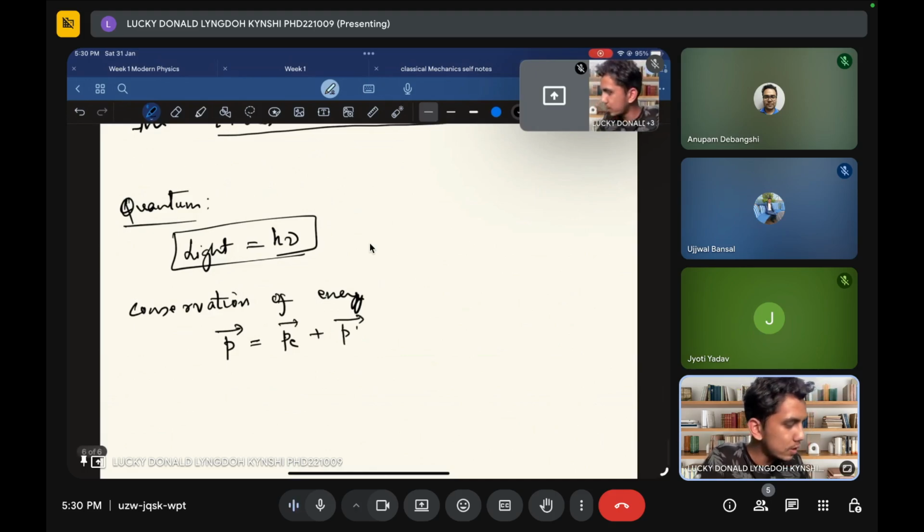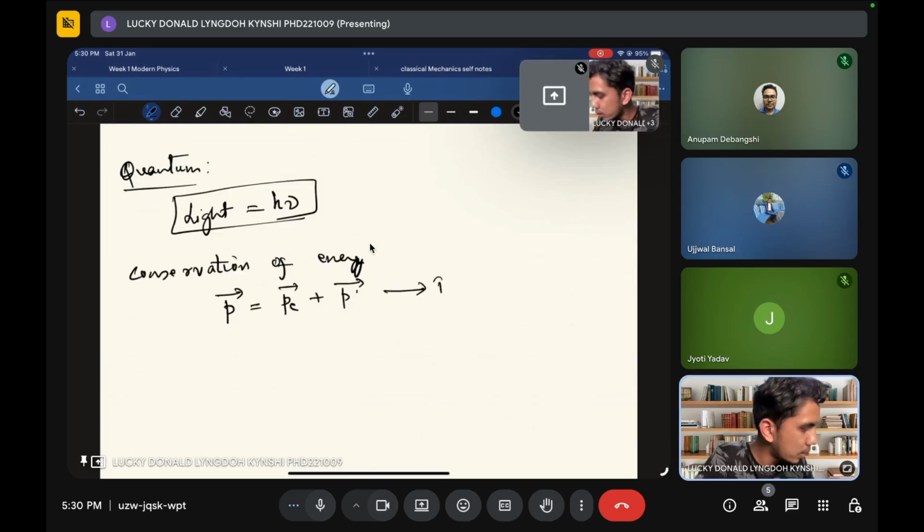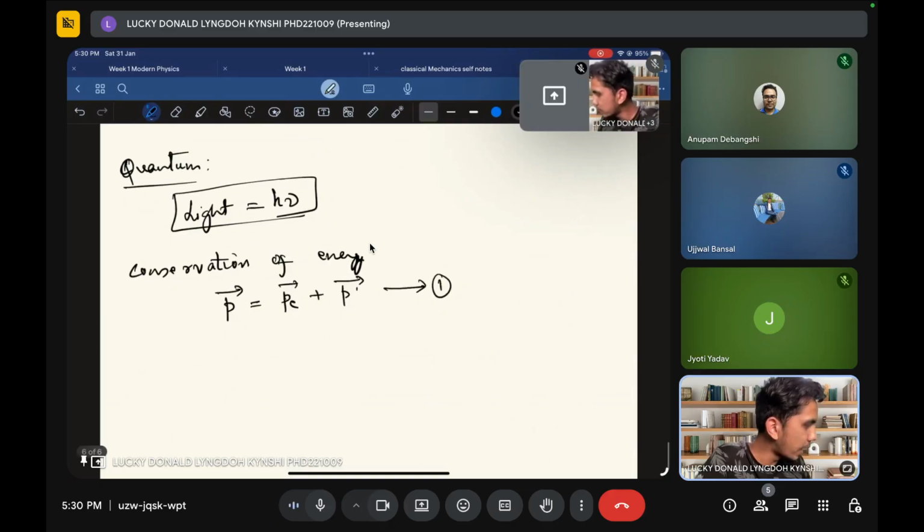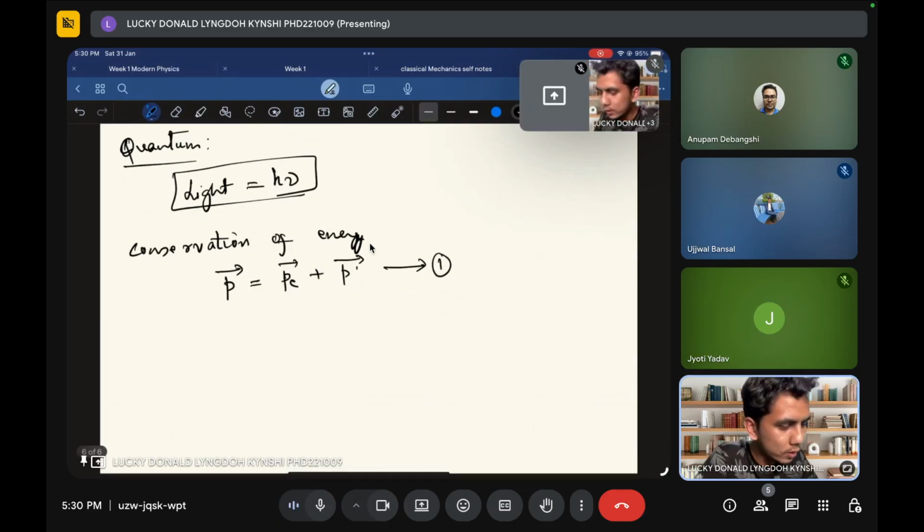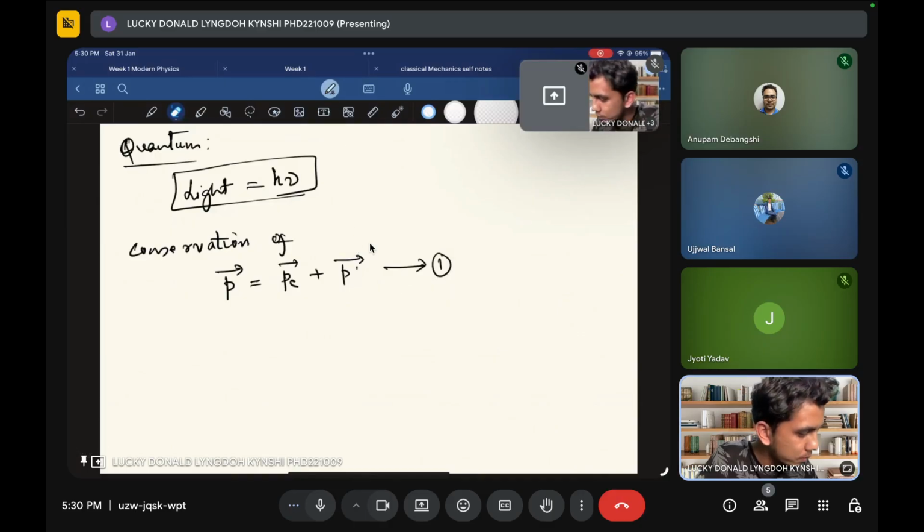This is equation 1. Sorry, this is not conservation of energy, this is conservation of momentum. The second one is the conservation of energy.